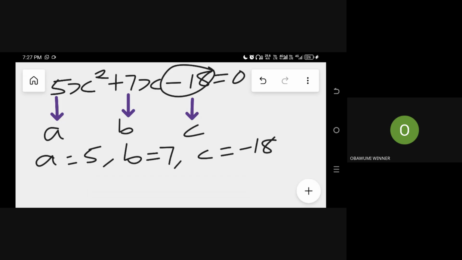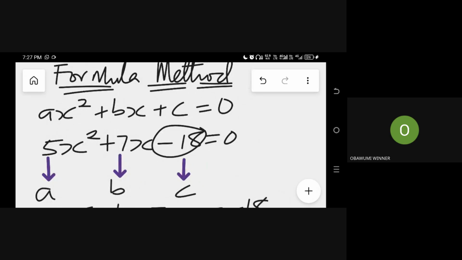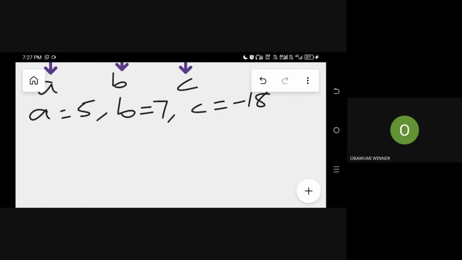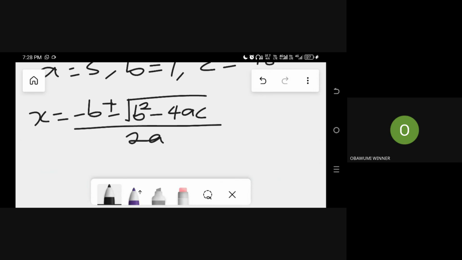Then the formula method is a formula on its own, but we just had to talk about how to identify the A, B, and C first. The formula method is given as s is equal to minus B plus or minus the square root of B squared, B to the power of 2, minus 4AC, all over 2A.